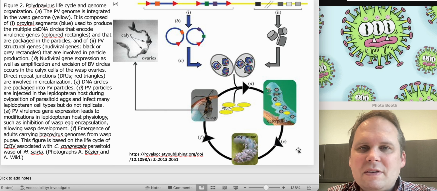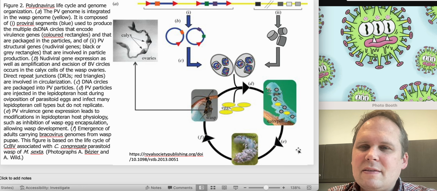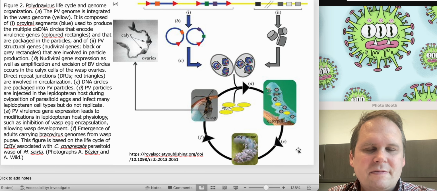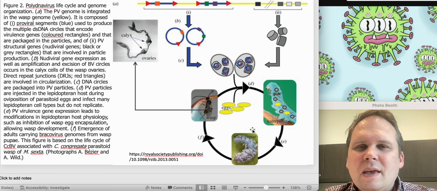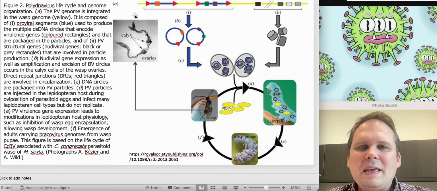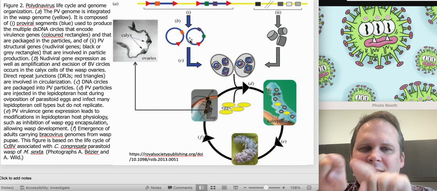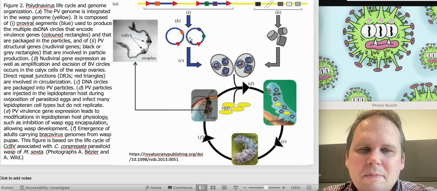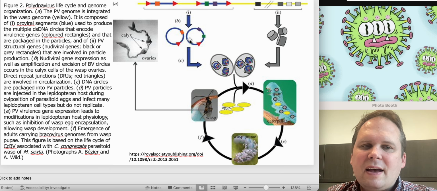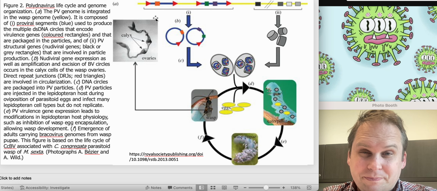All right. Here's one of the other things that we talked about. So these are the things called polydnaviruses, and I think this one is called a bracovirus, if I remember right. And so this is their life cycle. So I said these are going to be embedded in the wasp genome, and I think they're most common in wasps. These guys actually, we think, come from 2 separate kinds of virus that embedded themselves into the genome.